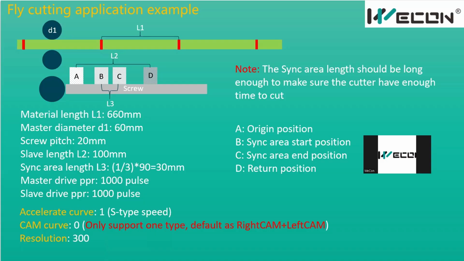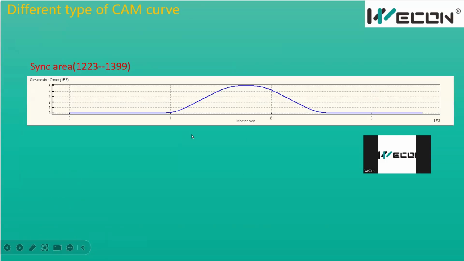You set it as one, two, or three, we get the same curve, and the curve is default as right cam and left cam constant, the constant of our fly cutting cam curve, and the resolution is also 300. And this is the curve I uploaded from the software.